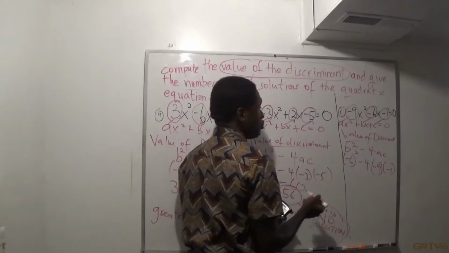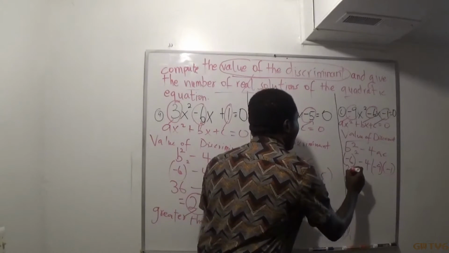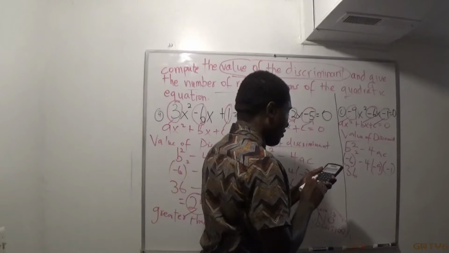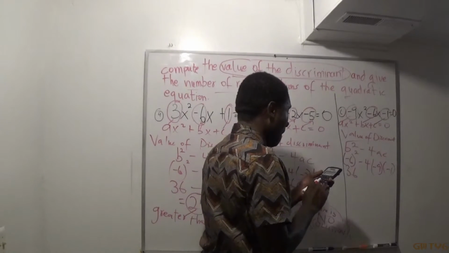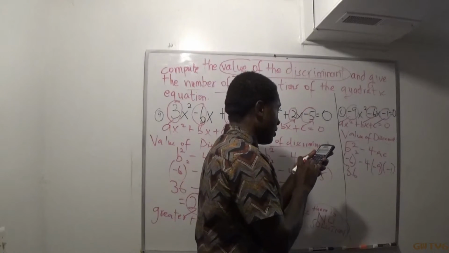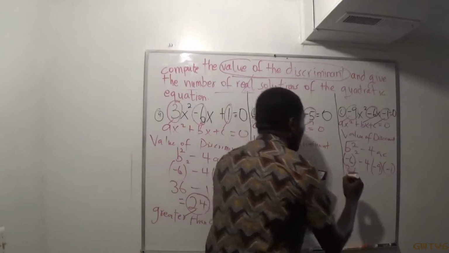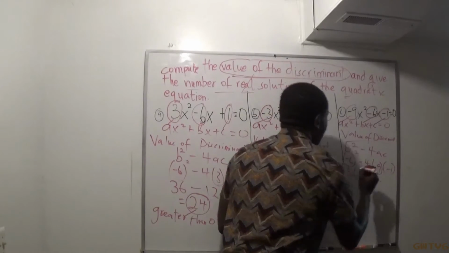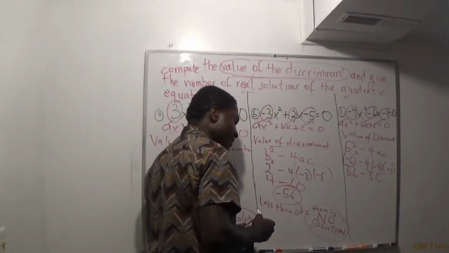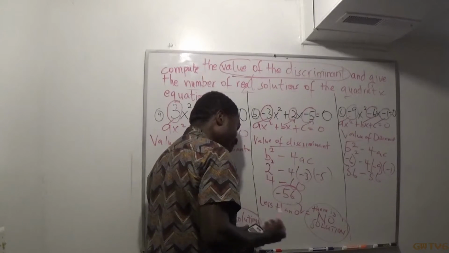So now, let's do it. Negative 6 squared is positive 36. Negative 4 times negative 9 is positive 36. And then times negative 1, that is negative 36. So now I have 36 minus 36.